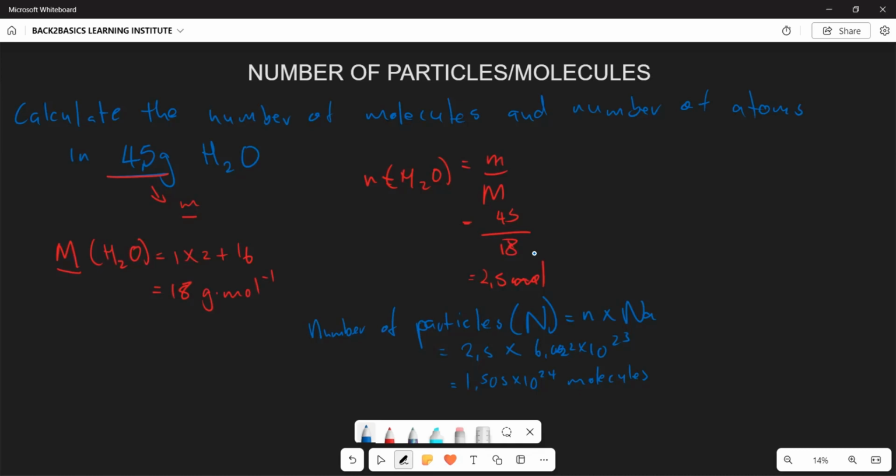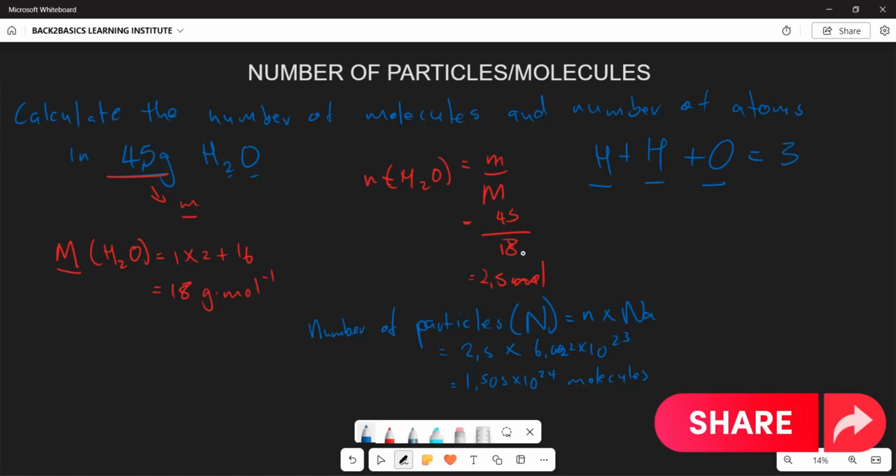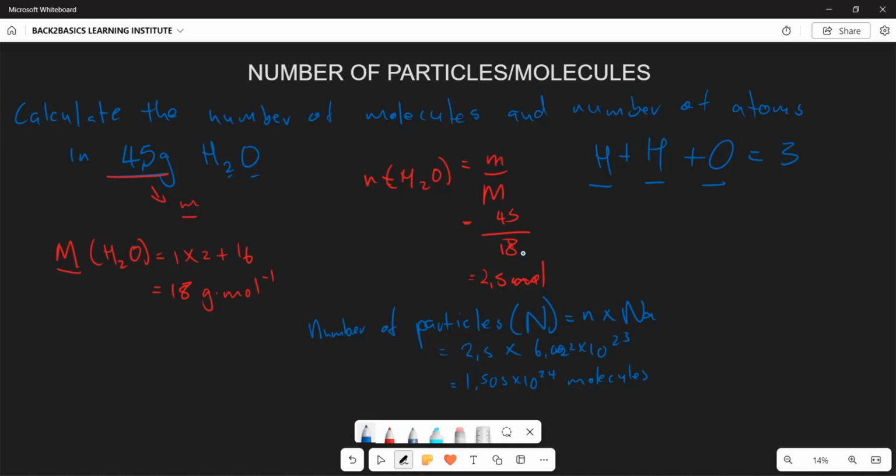And since this is molecules, remember that your molecule is given by this standardized ratio. The totality of molecules that you had there was hydrogen plus oxygen, so how many atoms are there? The atoms here are basically 3. Therefore, there are 3 atoms that make up your compound H2O.